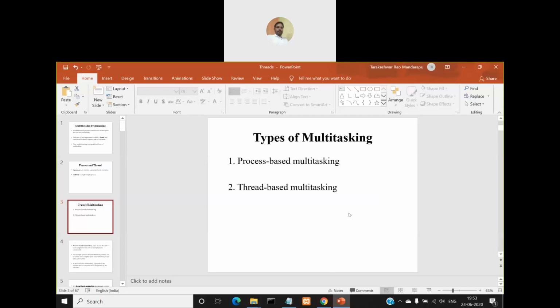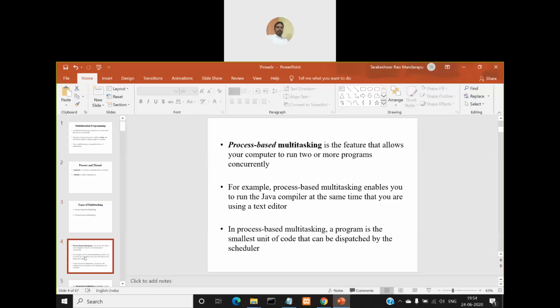What do you mean by each? Both perform multiple tasks concurrently, but there is a difference between them, depending on what task is being performed. For better understanding, let us go into the next slide.